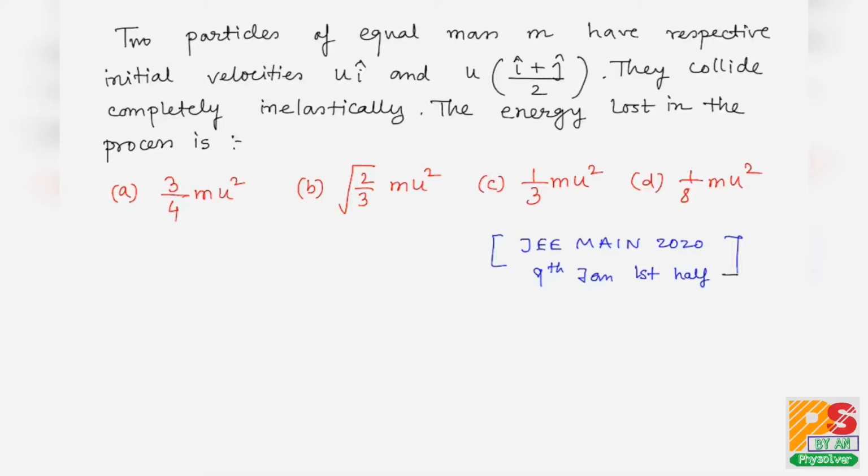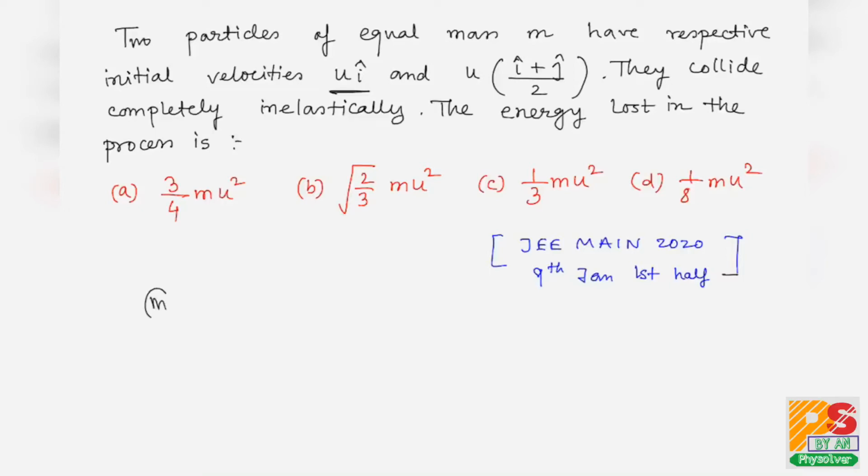There is also a shortcut formula, but remember that shortcut formula is applicable only when the collision is rectilinear, that is along the same dimension. But here, the velocity of the first body is u i cap, that is along the x-axis.